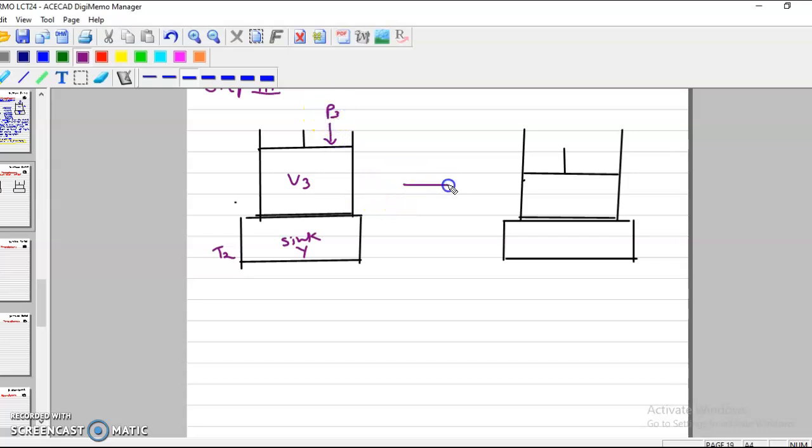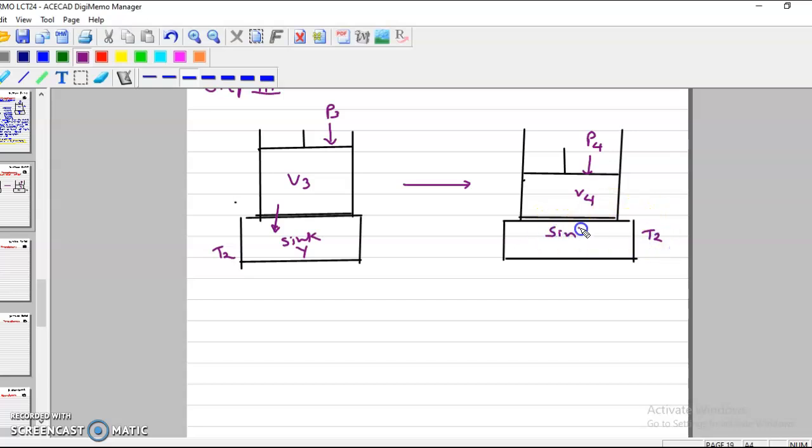So volume is V3, the pressure will be P3. From this, if heat is coming out from the vessel and goes to the sink because the temperature of the sink is lower, the pressure changes and the volume also decreases and it goes to V4 and temperature is T2.